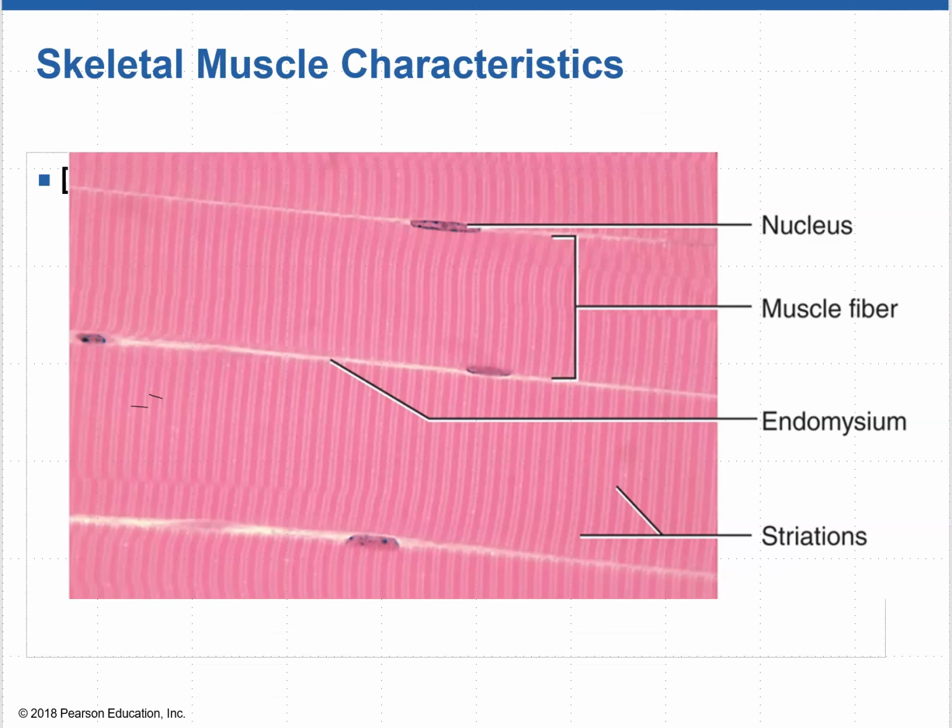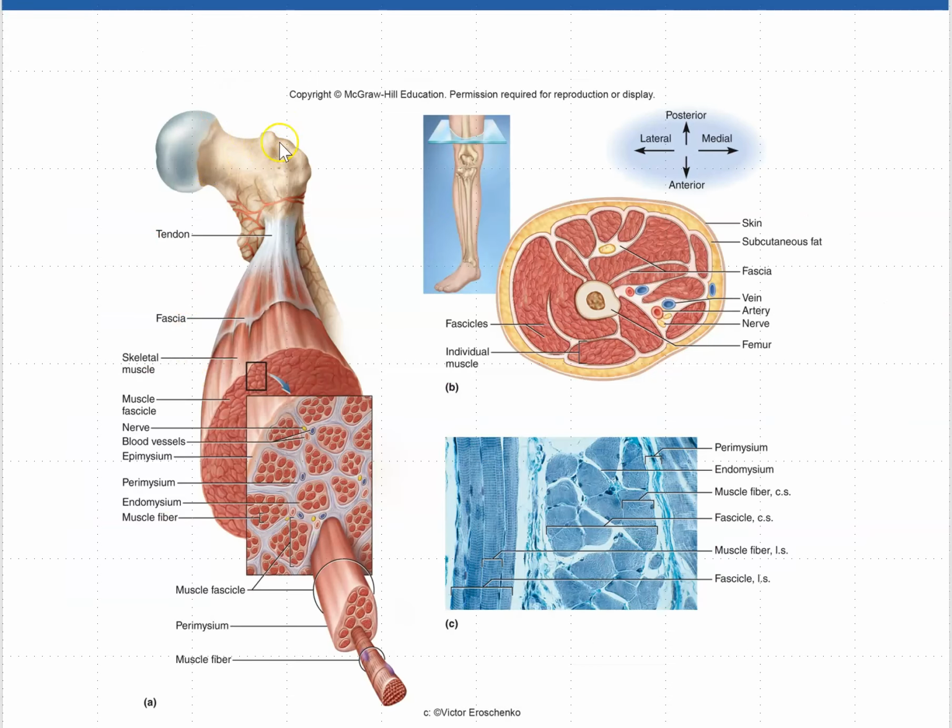This over here is the endomysium, which is the connective tissue around a muscle cell. The tendon anchors the bone to the muscle, and it's a band of fibrous connective tissue made of collagen.